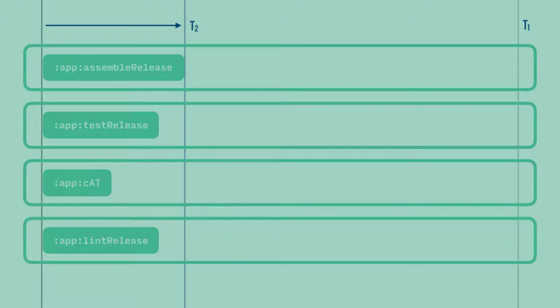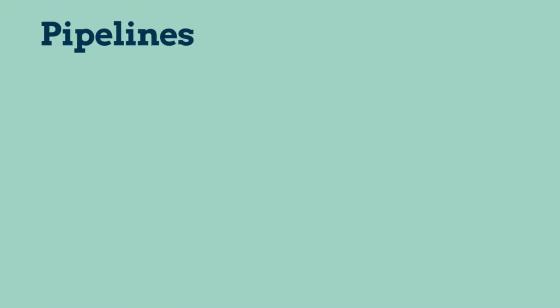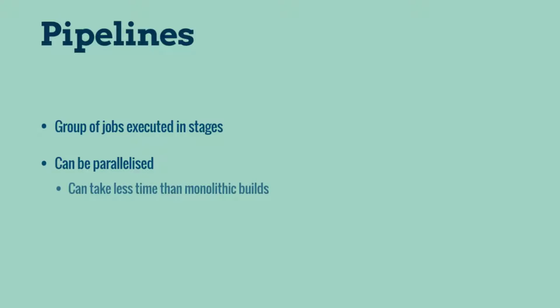Well, actually, we're in luck, because in CI, there's a concept of a pipeline. A pipeline is, simply put, a group of jobs executed in stages. Now, pipelines can or cannot be parallelized. It really depends on your setup and your needs, and it can take less time to run when they're parallelized than not.